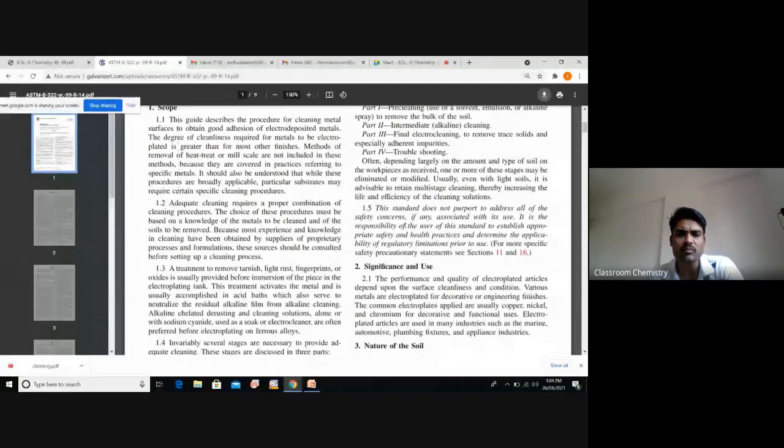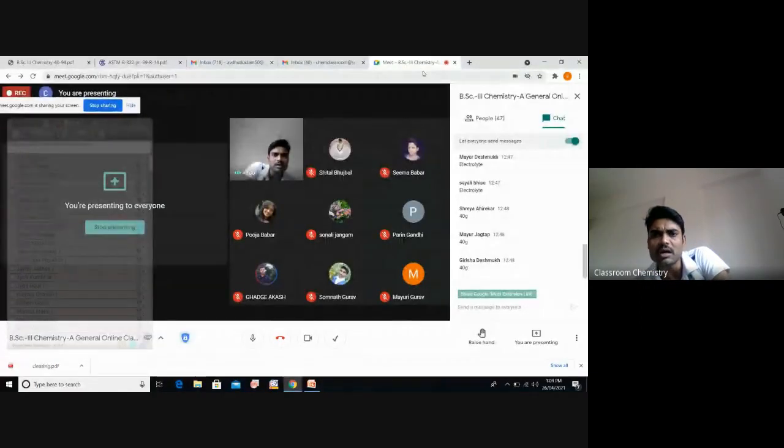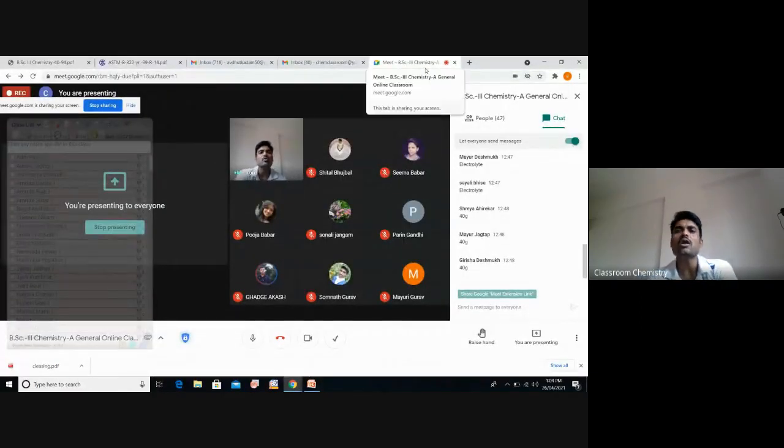Adequate cleaning requires a proper combination of cleansing procedures. Then what do we use to clean this? आपण क्लिनिंग करण्यासाठी काय यूज करू शकतो? You all have an idea regarding jewelries.